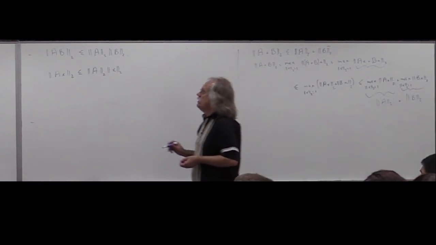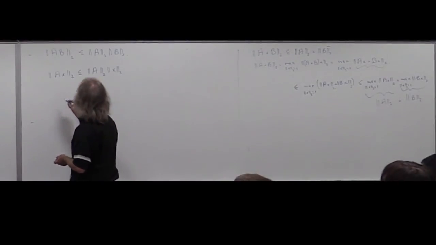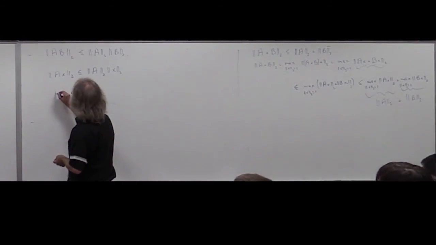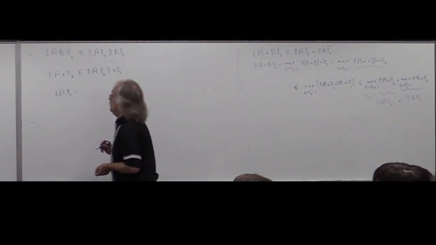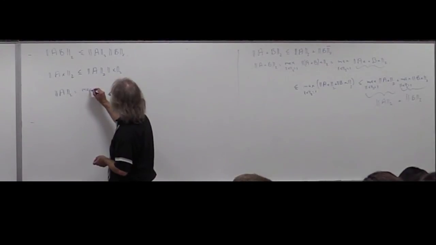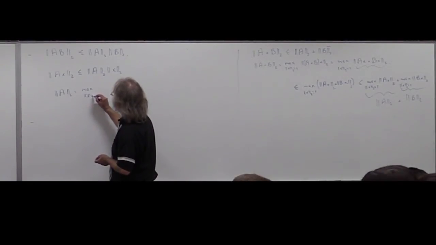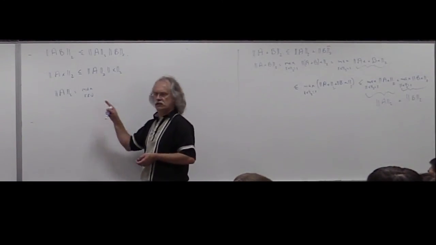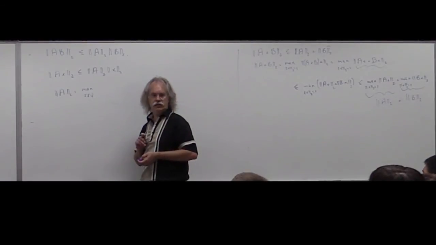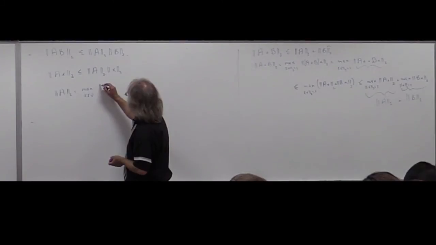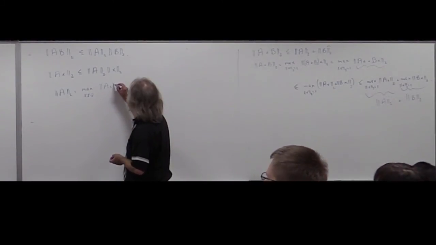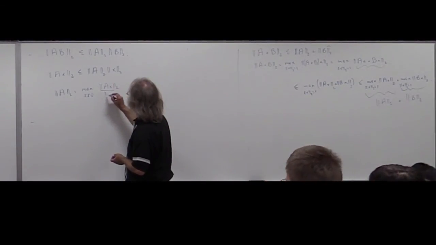Okay. And how do you do that? We look at the 2 norm of A. It is defined as the maximum over all x not equal to 0. Ooh, I chose the other definition of the norm of A: the norm of A times x in 2 norm divided by the norm of x.